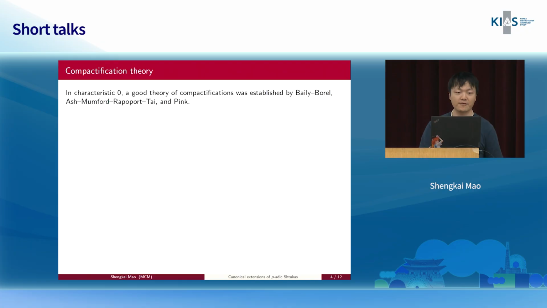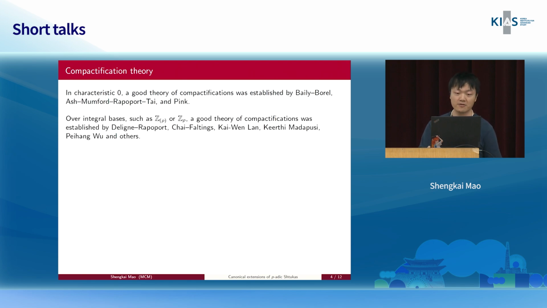Now let's briefly recall the compactification theory. On the geometric fiber, this was studied by Baily, Borel, Ash, Mumford, Rapoport, and Pink. On the integral basis, it was also studied by many people, by Deligne, Rapoport, and Faltings, Chai, Lan, Madapusi, and Hee-Joong, the second author, and also others.